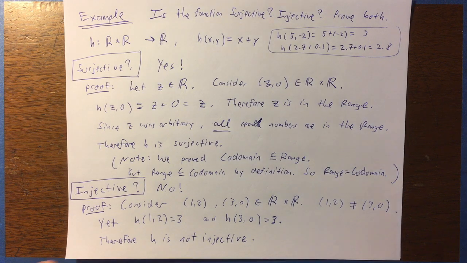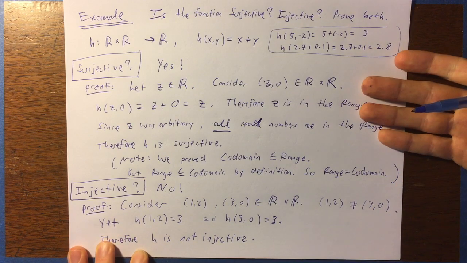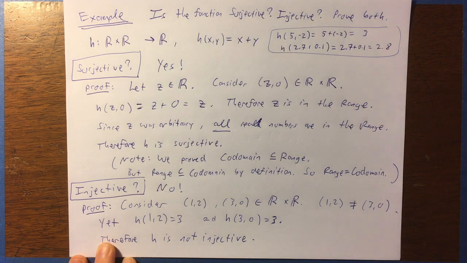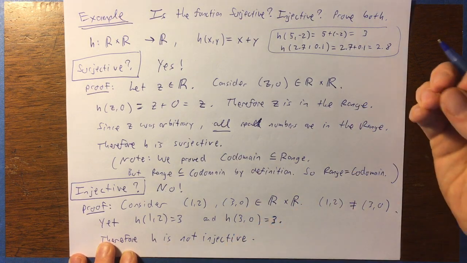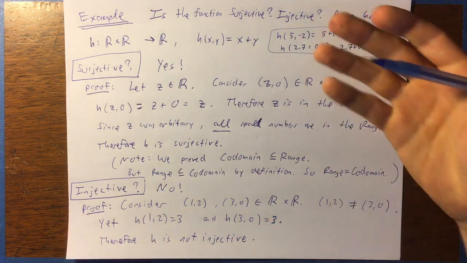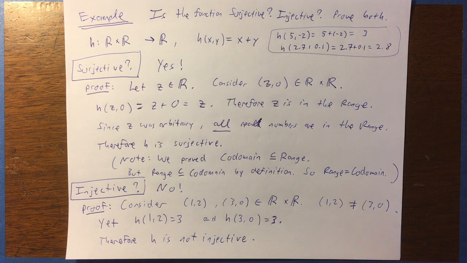Similarly, you could disprove surjective by finding a single element in the codomain that doesn't have a preimage, a single element that's not in the range. That's because both surjective and injective are essentially defined using for-all statements. They're defined with something needing to be satisfied for all elements. So disproving them can be done with counterexamples, but proving them has to be done more generally with arbitrary elements. I just wanted to make that last point here.